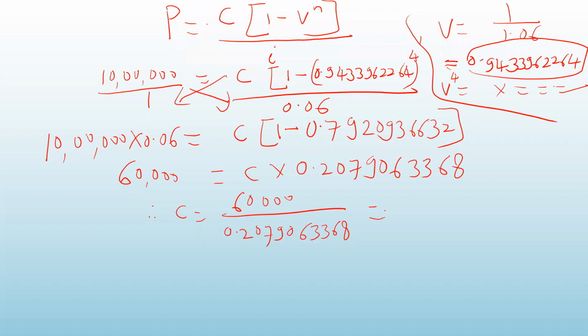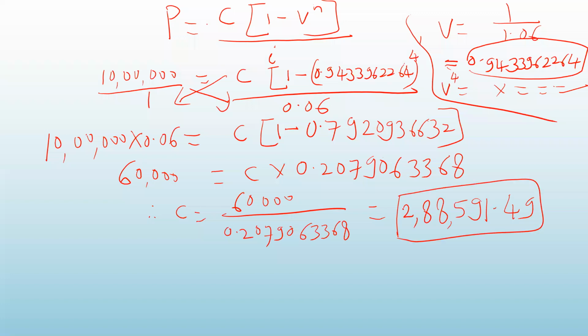60,000 divided by 0.2079063368 gives you 288,591.49, meaning 2,88,591 rupees and 49 paise.